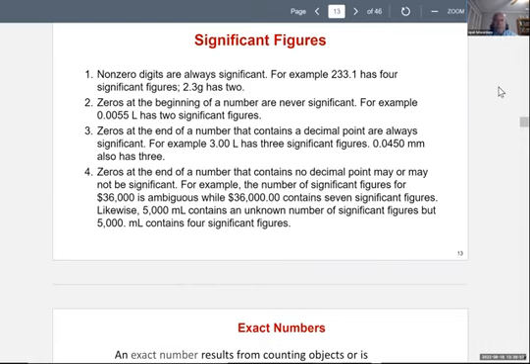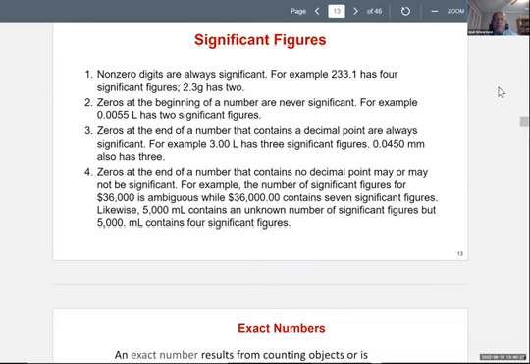Okay, about the zeros. Zeros at the beginning are called leading zeros. Now, paragraph 2. For example, 0.0055. The leading zeros are not significant.